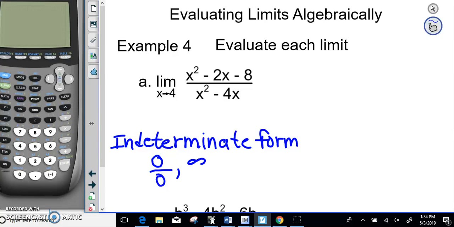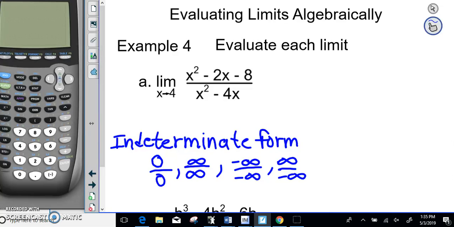You get positive infinity over positive infinity, or negative infinity over negative infinity, or any form with a positive and a negative infinity in it, like positive infinity over negative infinity. That's all indeterminate because it's either infinities or it's 0 over 0, which is not an answer.